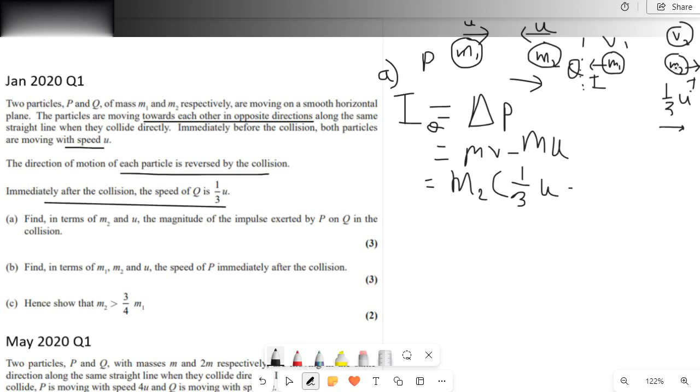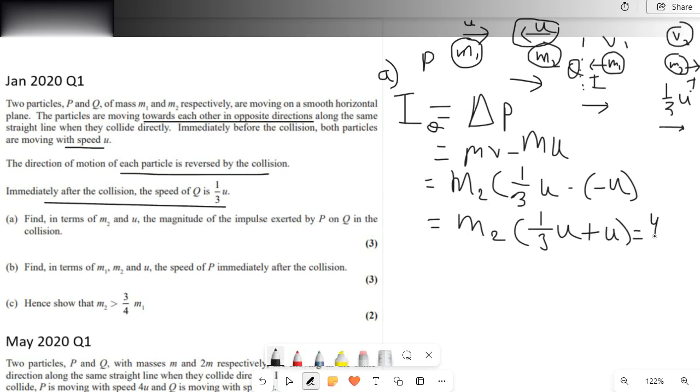If 1/3 u is in this direction, the initial velocity of Q is in the opposite direction, so this should be negative, so we have minus u, and so m2(1/3 u + u), and so our impulse is 4/3 m2u Newton seconds.